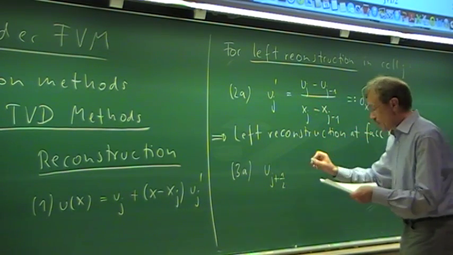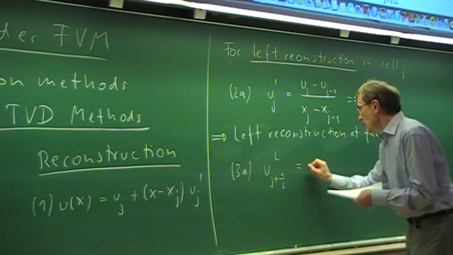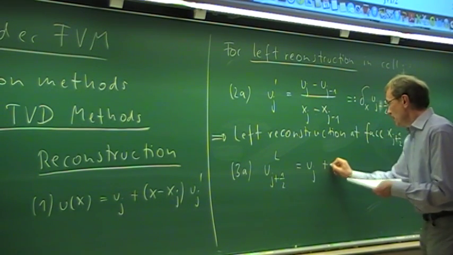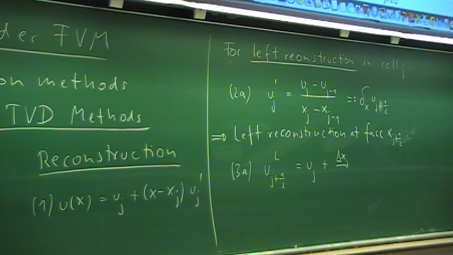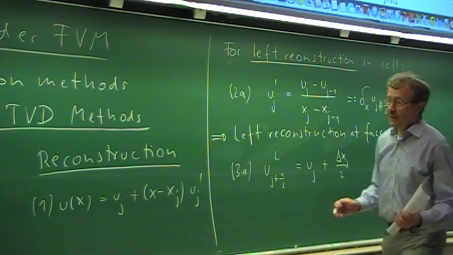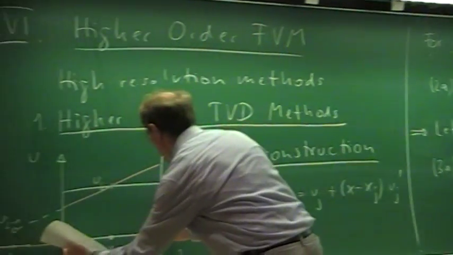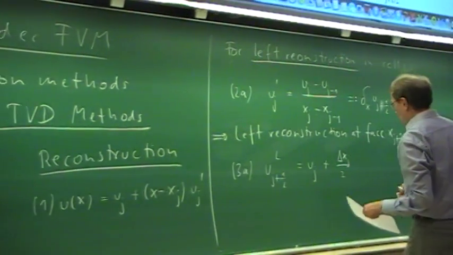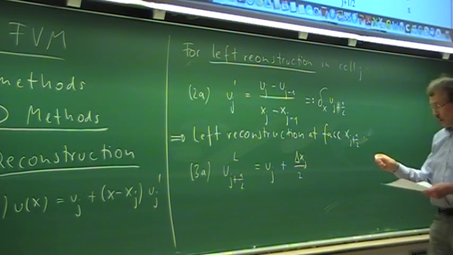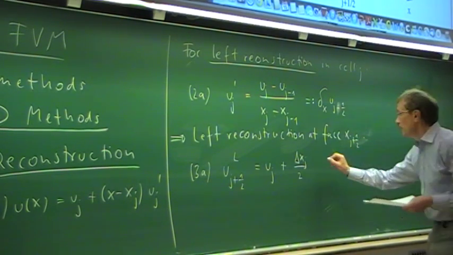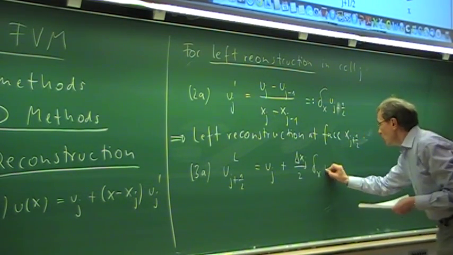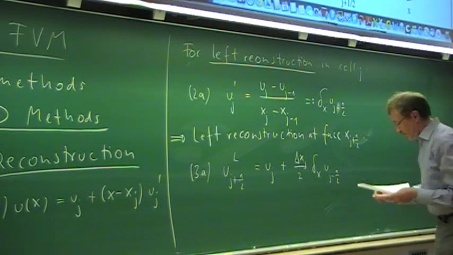Later on, we get it to the simple form that I just mentioned. So we get the uj, and now we take the delta xj. We take into account that we might have different lengths of the different cells. That is the length delta xj, between the right and the left faces. And we multiply by our slope, that is what we called here the delta x of uj minus 1/2.